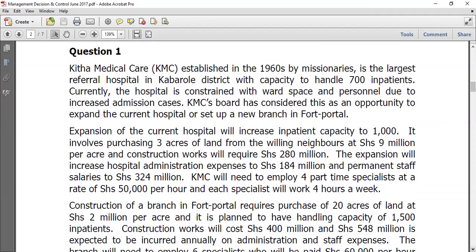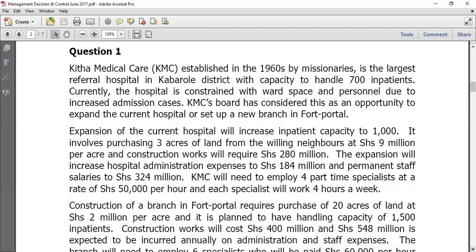Expansion of the current hospital will increase inpatient capacity to 1,000. It involves purchasing of 3-acre land from the willing neighbors at 9 million per acre, and construction works will require 280 million. They're telling us that expansion will increase the hospital administration expenses to 184 million. And then the permanent staff salaries will go to 324.